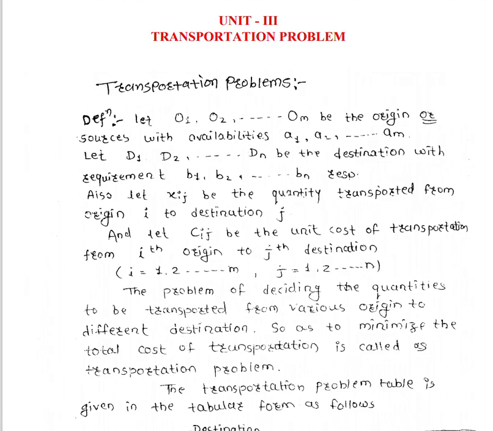The second point is the destination, where you have to send that commodity. Obviously, each commodity has a different cost.